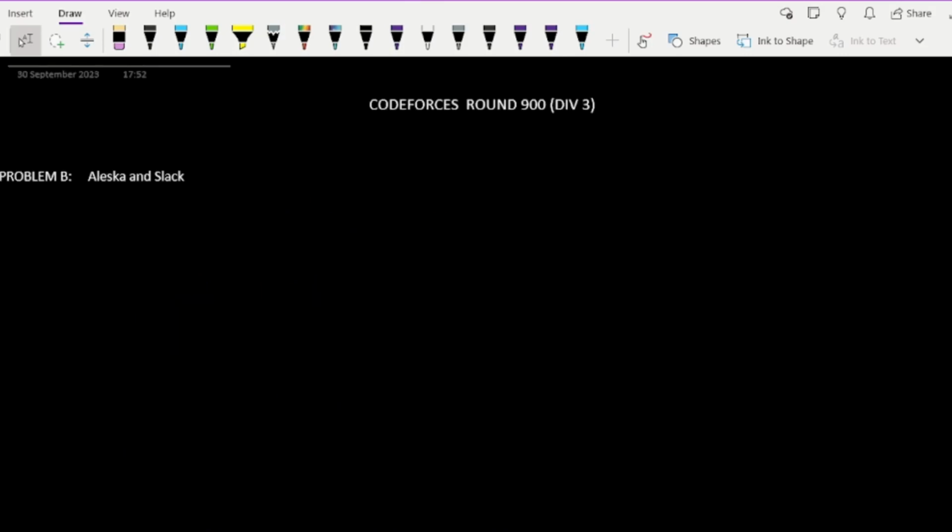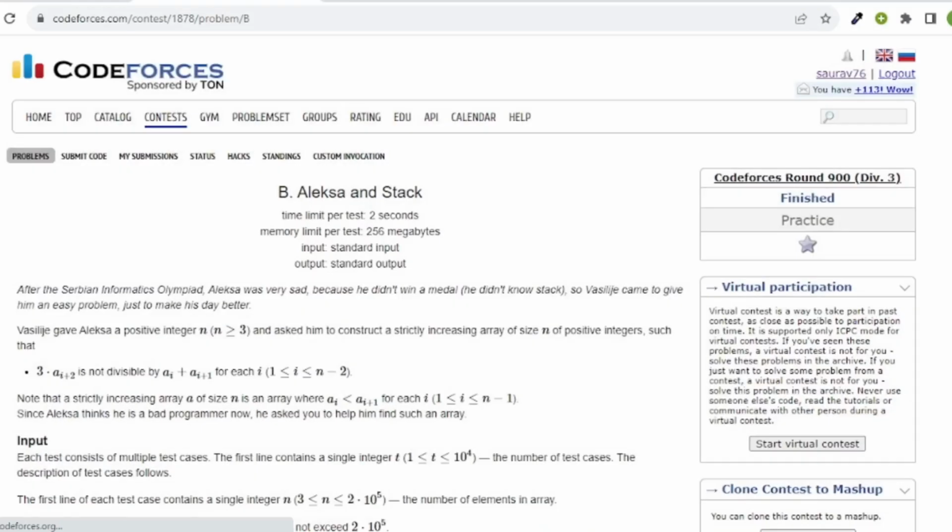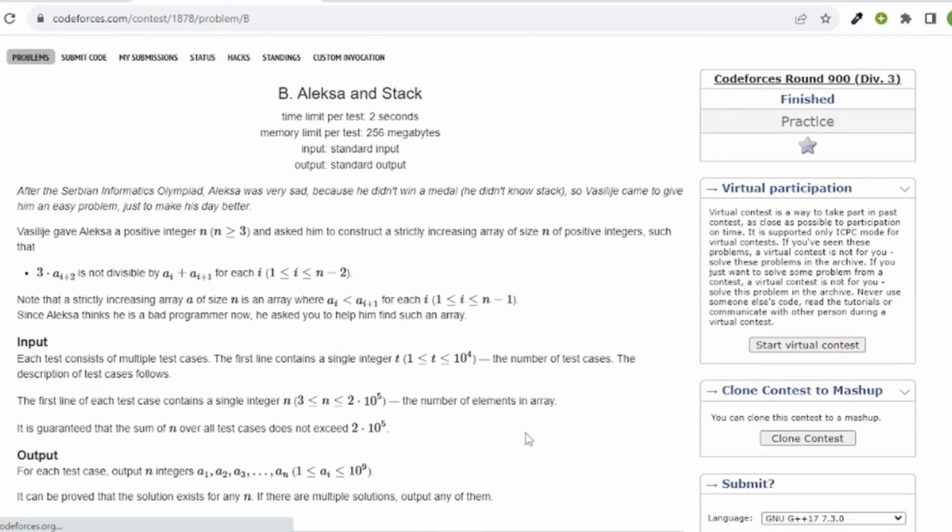Let's now return to problem B. So here you can see in the problem description, Aleksa and Slack. What this problem says is that Vasilije gave Aleksa a positive integer n which is greater than or equal to 3 and asked him to construct a strictly increasing array of size n of positive integers such that 3 times ai plus 2 is not divisible by ai plus 1 for each i, where i ranges between 1 and n minus 2 inclusive.